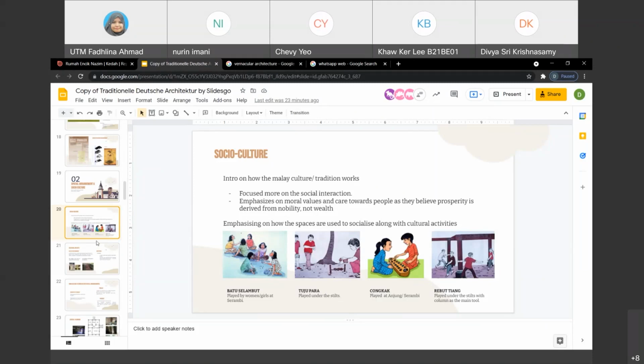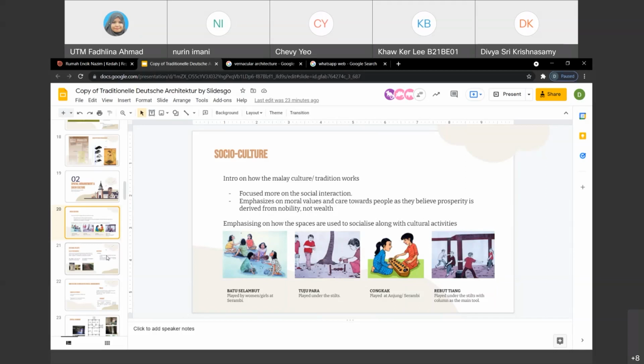Is Rebut Tiang a traditional Malay game? Yeah, I saw it in the file, it says that in their house they played these kinds of games a lot. Which file? I'm asking because I thought this one only came about in 1990-something, for the Rebut Tiang.